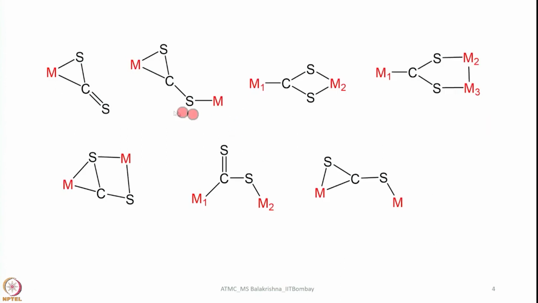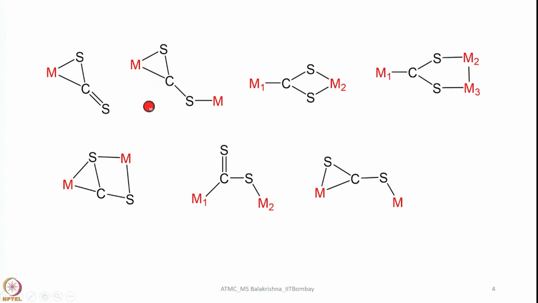Further, when you look into carbon disulfide, very similar to carbon dioxide, it also shows the following coordination modes. You can see the simple one: when it binds, this is how it is going to bind, breaking one of the CS double bonds.